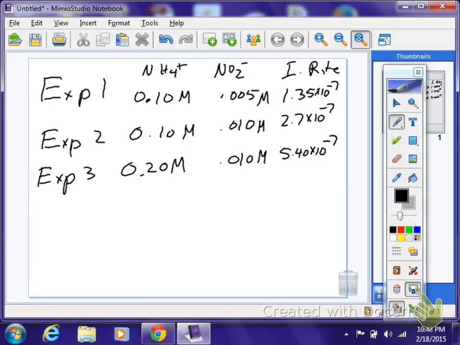So when we compare experiment 1 and experiment 2 of NO2-, when we double that, the difference in the concentration is double, and you can get that by taking 0.010 molar of the second experiment and dividing it by the first experiment.